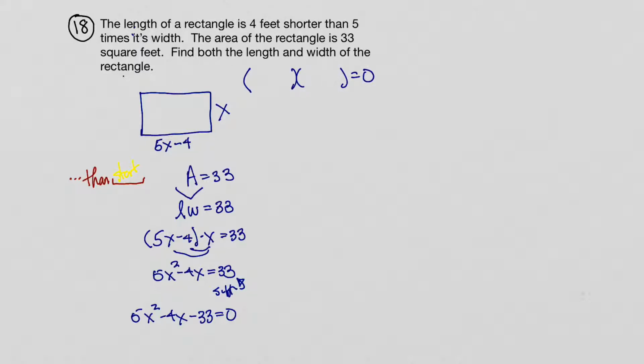Now, 5x squared, only one way to get the 5x squared, a 5x and an x. And then I've got to look for this 33. Now, a 33 I can either get with a 3 and an 11 or a 33 and 1. I'm going to try the pair closest together. I'm going to try 3 and 11. Now, where do I put the 3 and the 11? Well, if I put the 11 over here, I'm already up to 55.